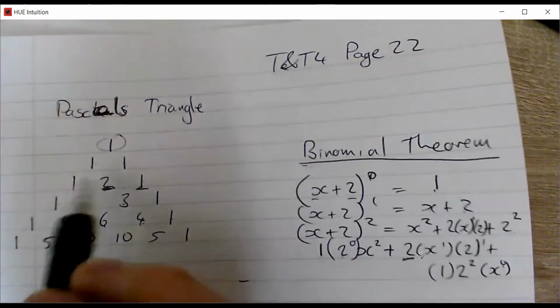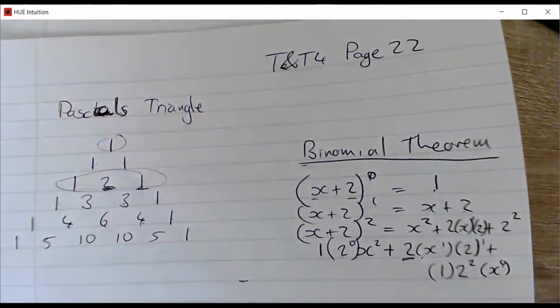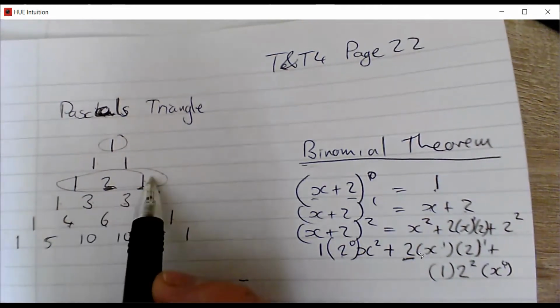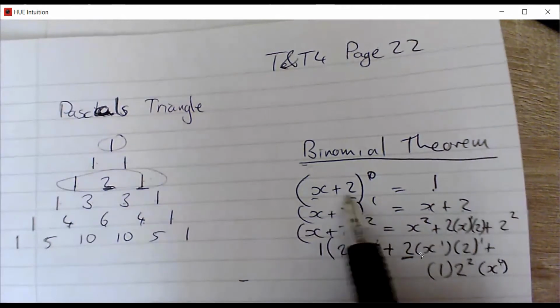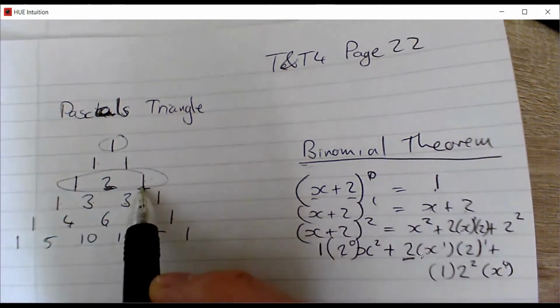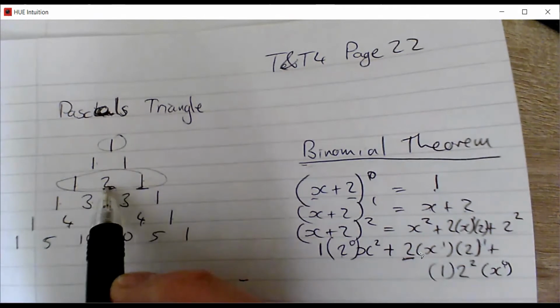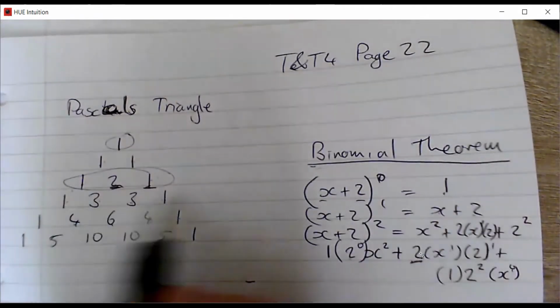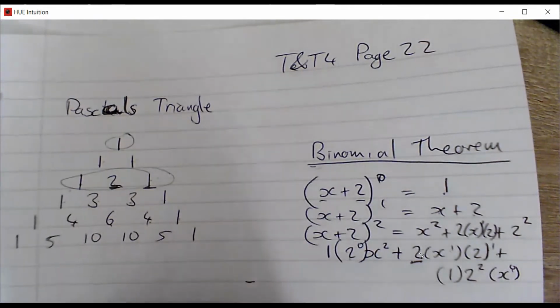So what you have is these numbers from Pascal's triangle, and then your x coefficient goes x squared, x to the 1, x to the 0, and your 2 goes 2 squared in the opposite direction, 2 squared, 2 to the 1, 2 to the 0. And the binomial theorem says that pattern applies all the way through Pascal's triangle.